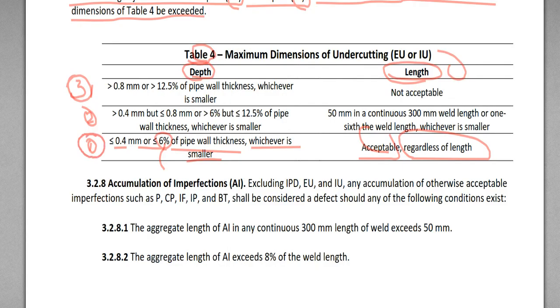So condition number 1 is length is acceptable, and condition number 2 is depth of undercut over 0.4 millimeter but equal to or less than 0.8 millimeter, or 6% but less than 12.5% of pipe wall thickness, whichever is smaller.